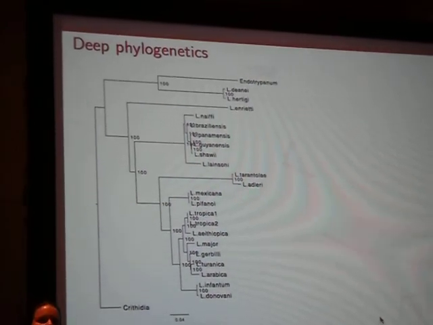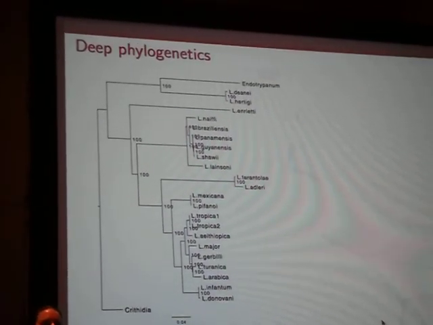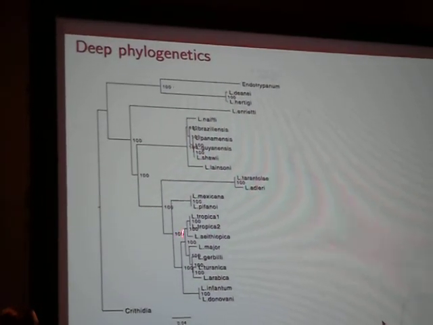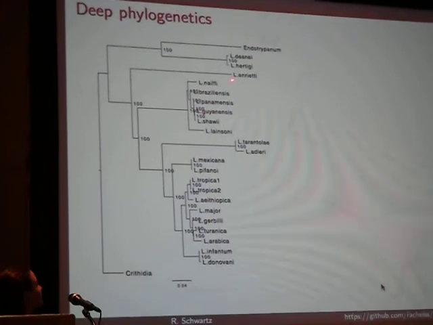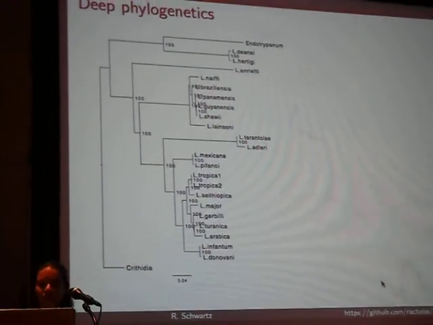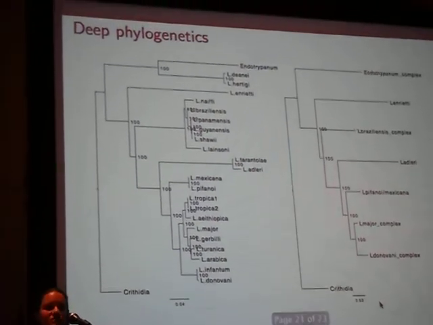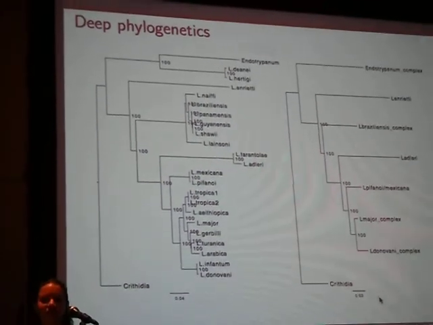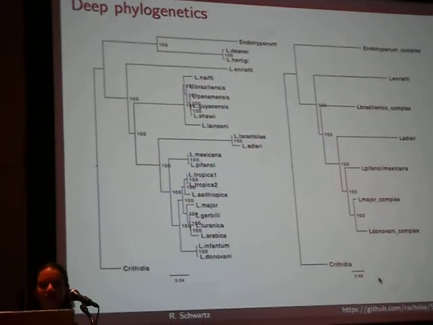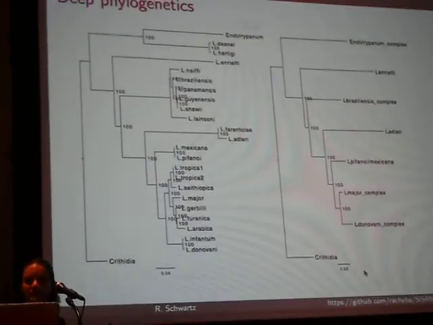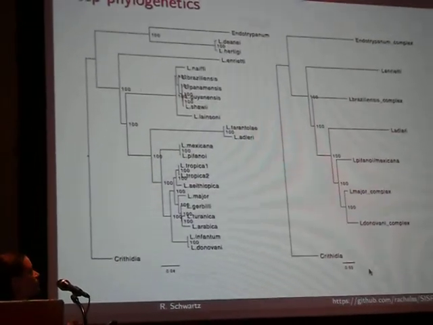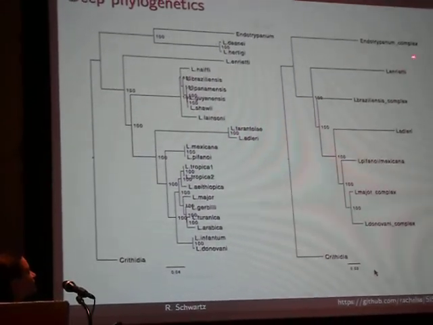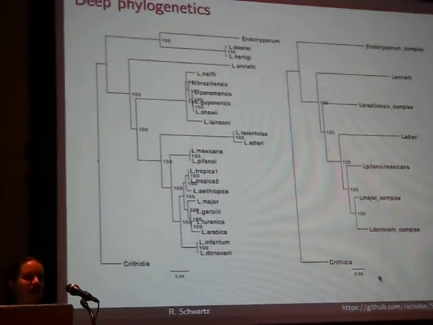And so what you might want to do is look at different data to resolve those nodes compared to the data that you want to resolve the relationships within this clade or within this clade. So what we can do with Scissors is we can do exactly that. We pull out different data to look at different relationships, deep time, different clades, etc. And what you'll notice is this is the exact same tree, again with 100% bootstrap support, but I've grouped each of these into single taxa.